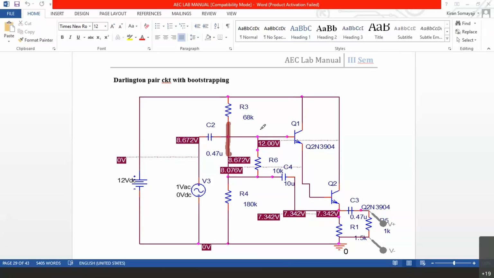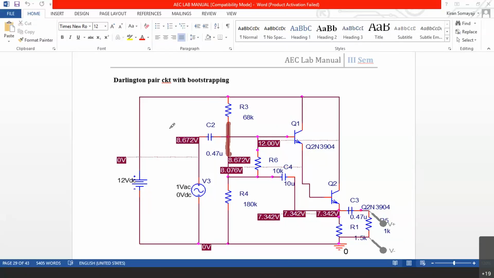That base current goes from the emitter to Q2, and it is the base current of beta 1 into beta 2. We already have this R1, which was there earlier also. This one was the load 1K and we had a coupling capacitance here.